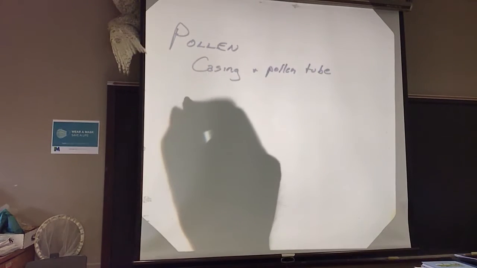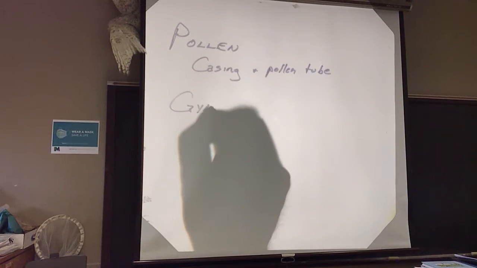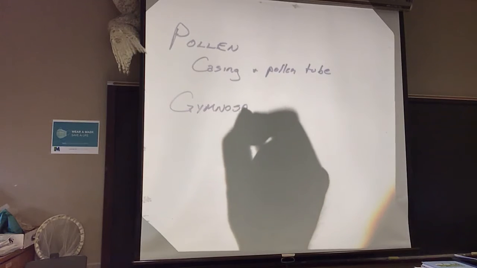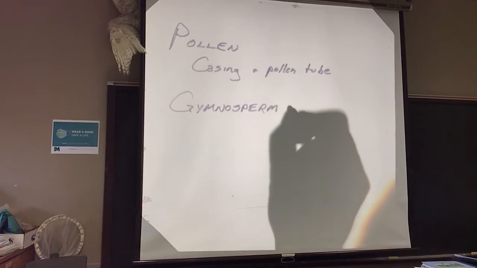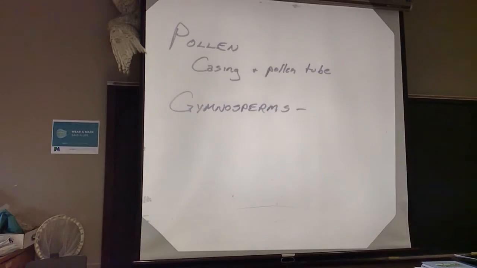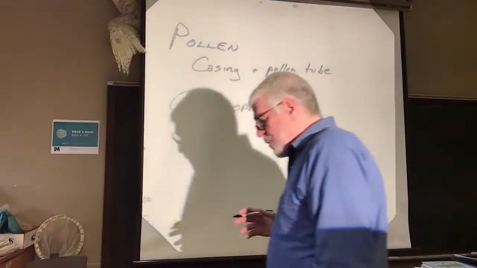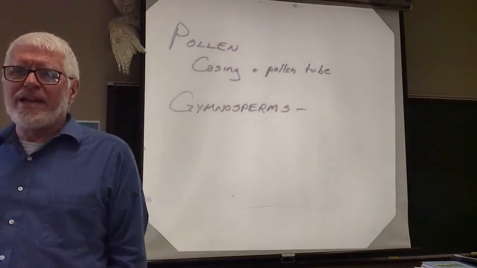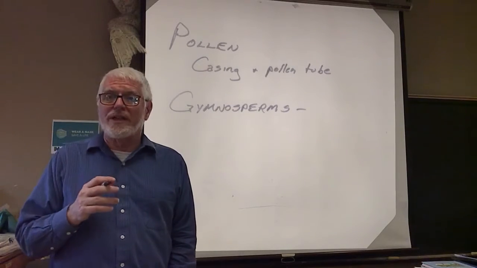So we're going to start with the gymnosperms. This is the first group where pollen is a way to reproduce sexually.